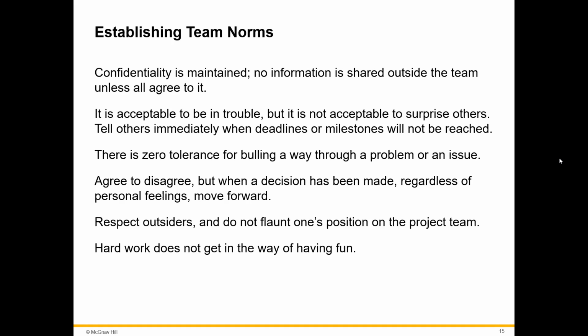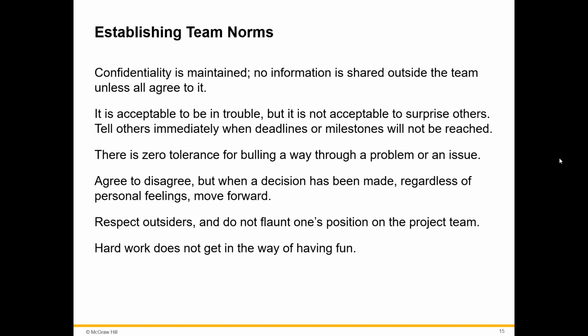There's no argument that's ever been won through arguing with someone and yelling. There should be no yelling at other people for the sake of trying to get something done. Everybody is on the same page, and there should be zero tolerance for those scenarios.